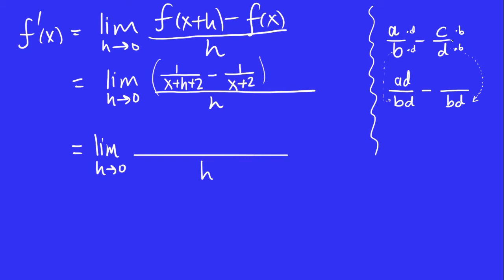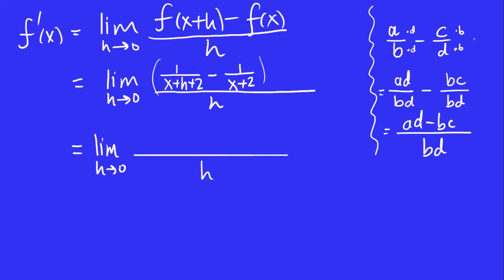So the top is going to be c times b. How about I put it in alphabetical order and write b times c instead? It's the same thing, right? That's important, that you understand that little step. And now we can write it with a single denominator, ad minus bc.